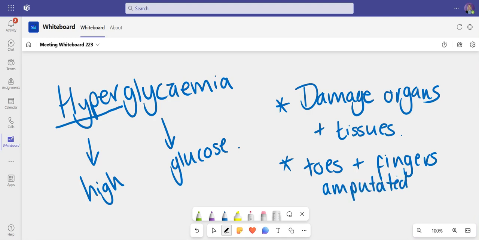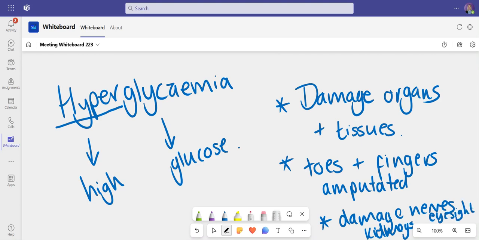In really severe cases, it can damage your nerves, kidneys, and also your eyesight. So if you do have diabetes, it's really important that it's diagnosed and treated because hyperglycemia over a long period of time is really, really bad for you.